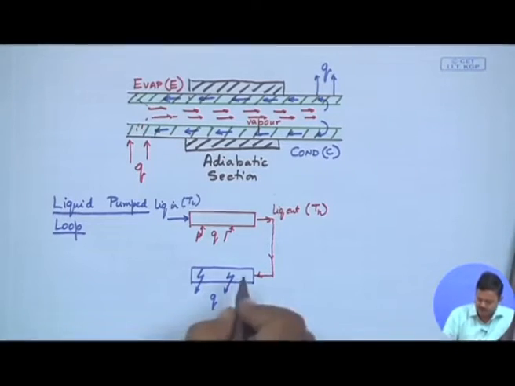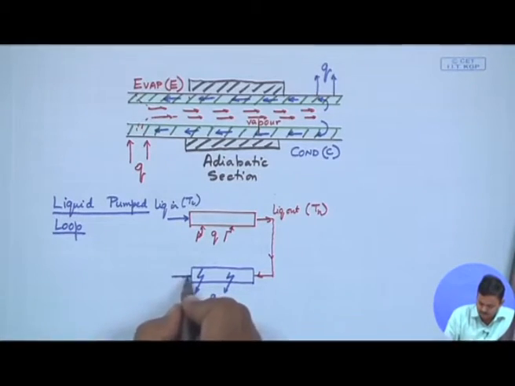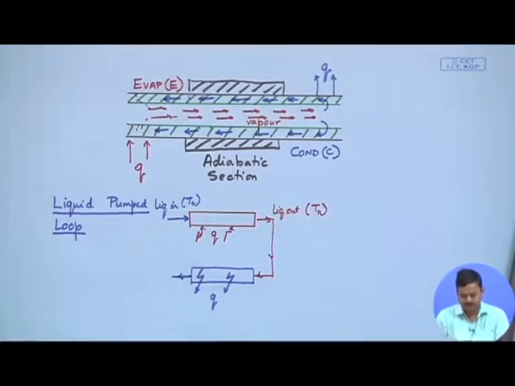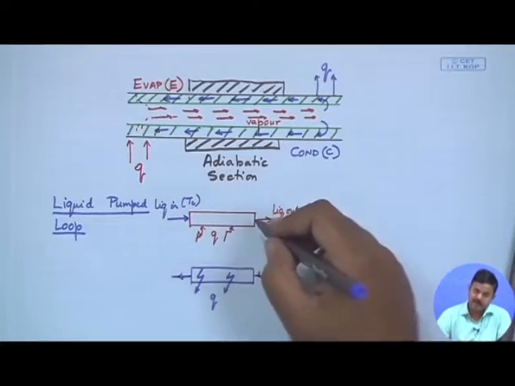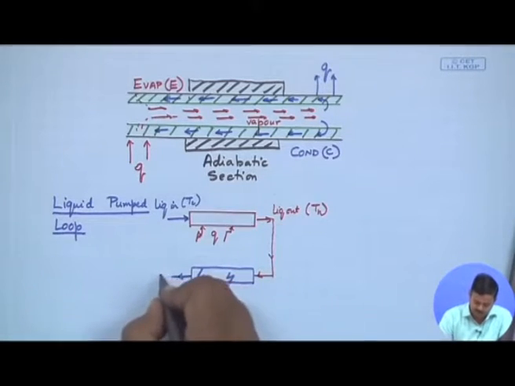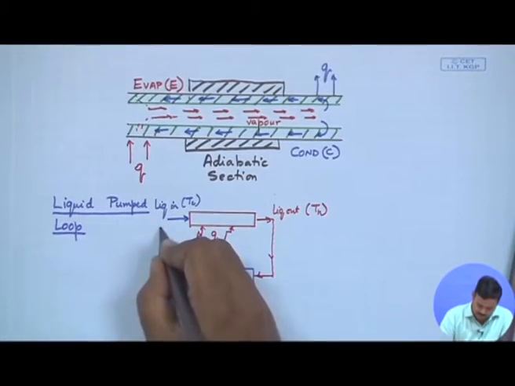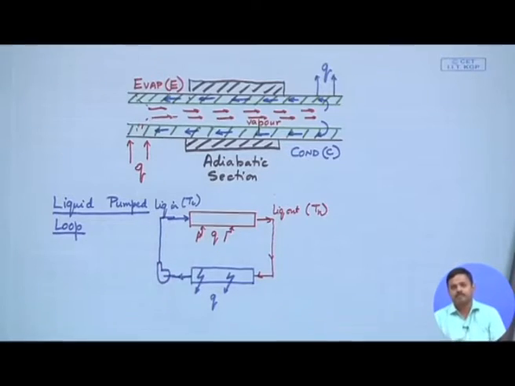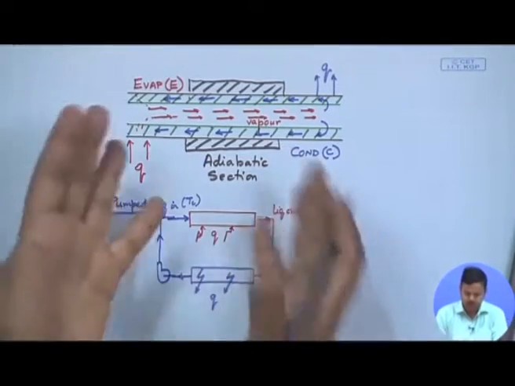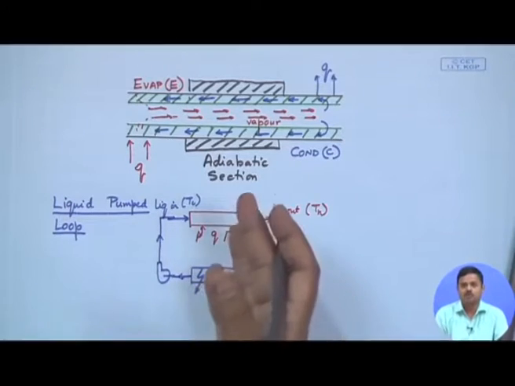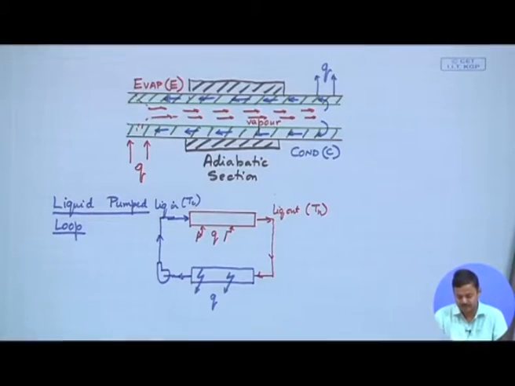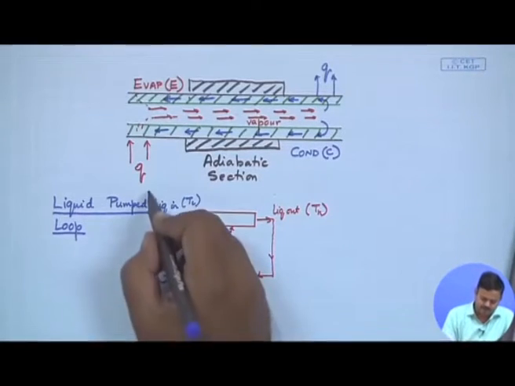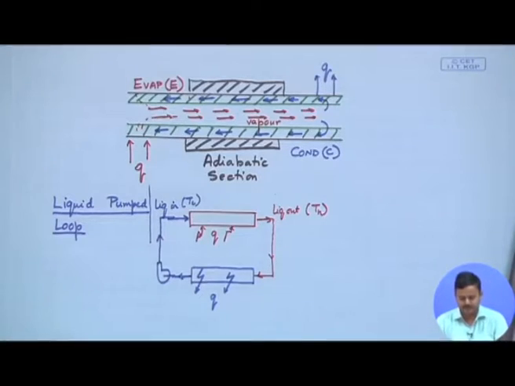The hot liquid cools down and comes out as cold liquid, but then you have to send it back, because this is a closed loop. So, what we needed was a pump to pump the cold liquid back to the heat source that we want to cool, the source from where we want to remove thermal energy. This is a typical liquid pumped loop. Compare it with what is happening in a heat pipe.